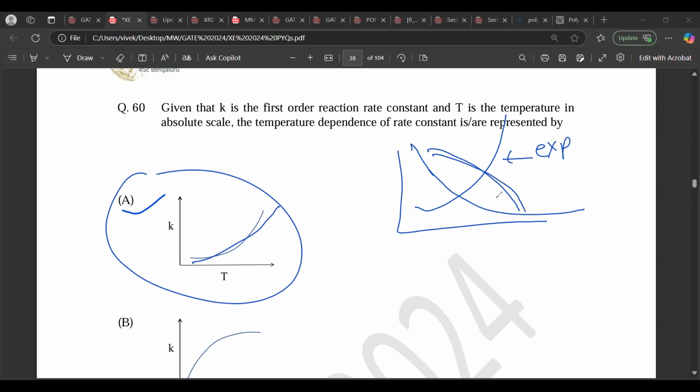This is increasing, then decreasing, but okay. So this curve is e to the power x, and this curve is e to the power minus x. Very simple.